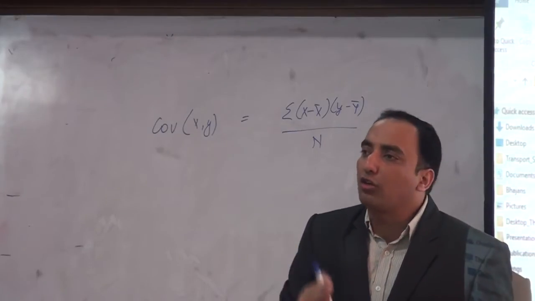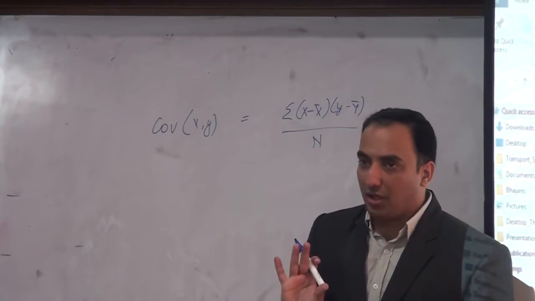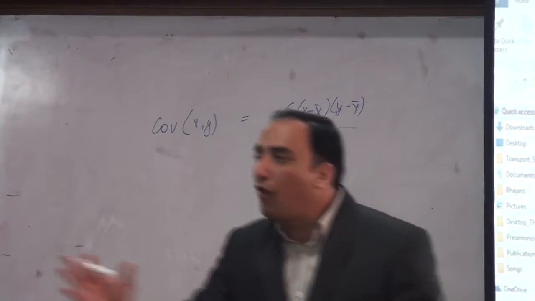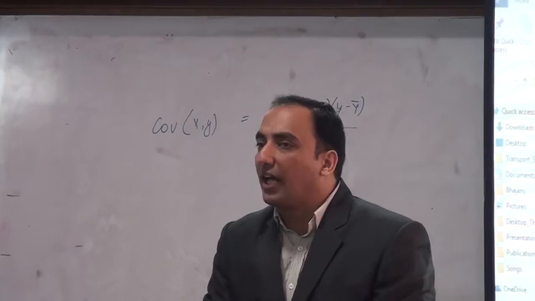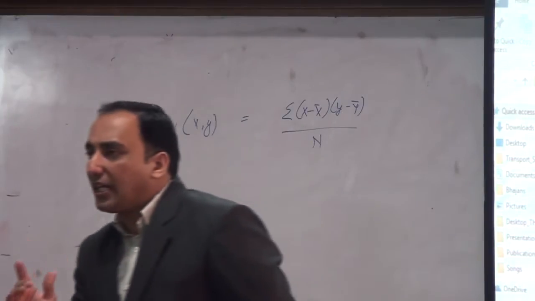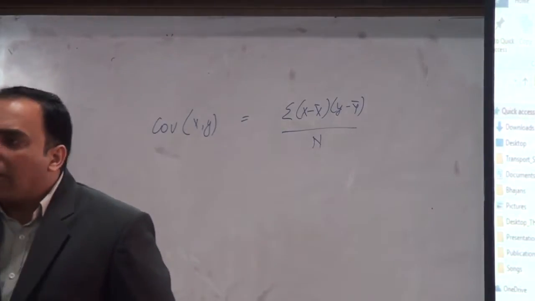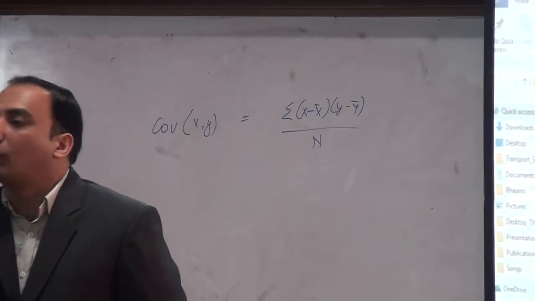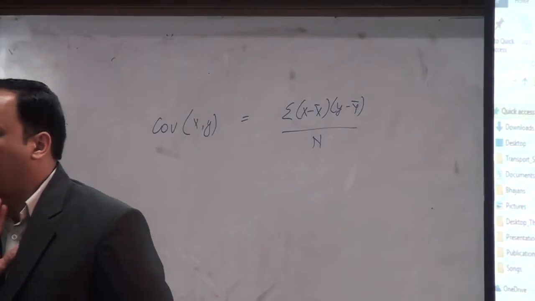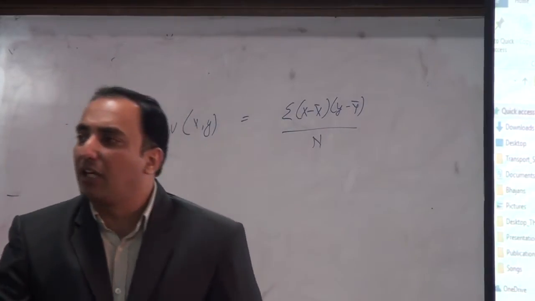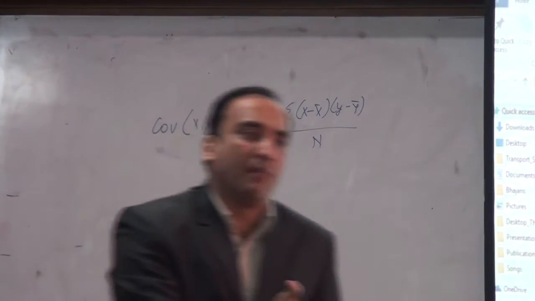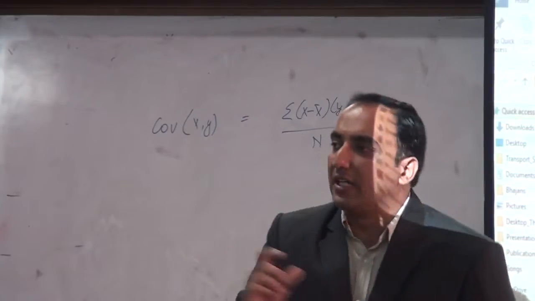Now there is also something called standard deviation. Covariance tells us how two variables are moving together. Standard deviation tells us how one variable is moving on its own in terms of its mean. So there are two variables. One variable is having a smaller standard deviation, one variable is having a larger standard deviation.